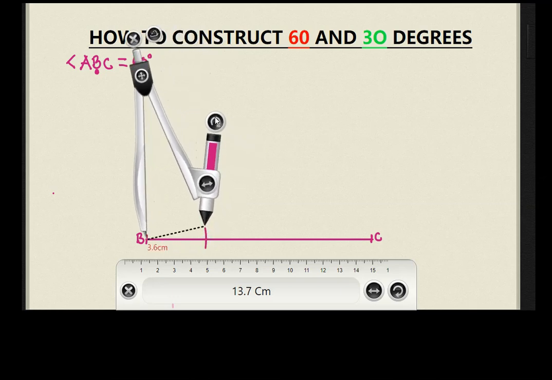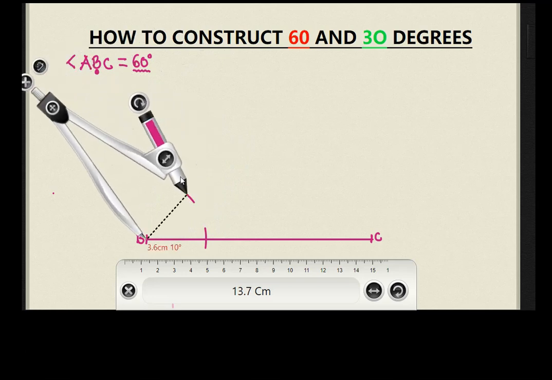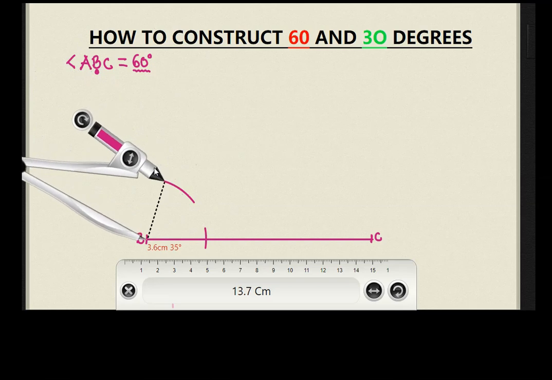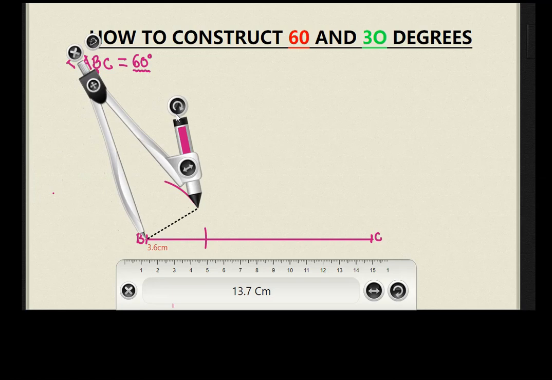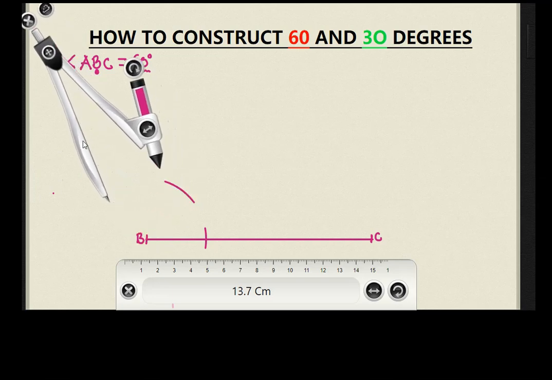Then you can extend it above B, just like that. Now after you've done that, you have your arc there at the top and on the line.